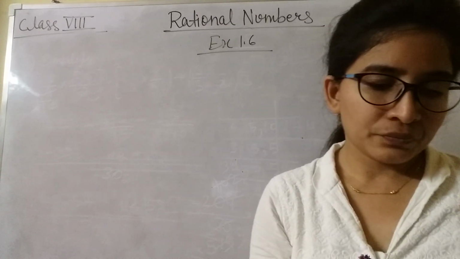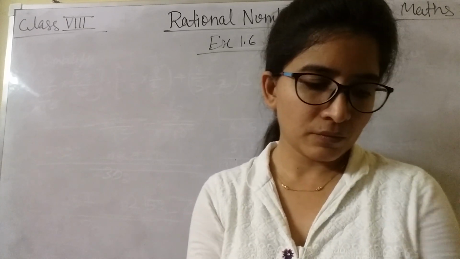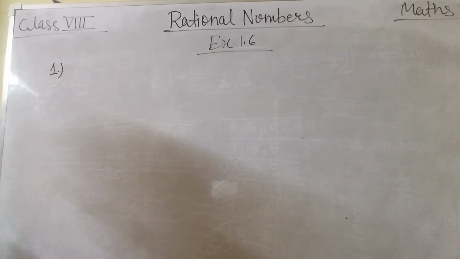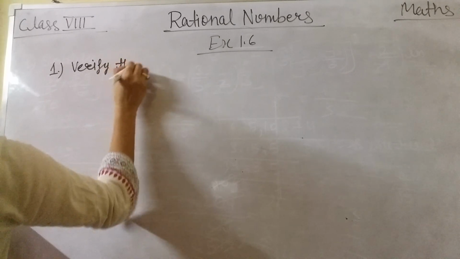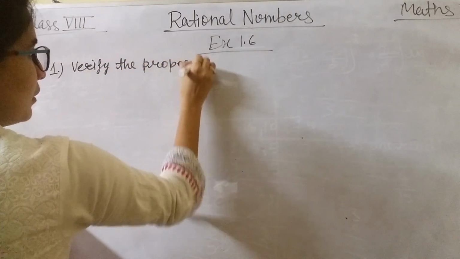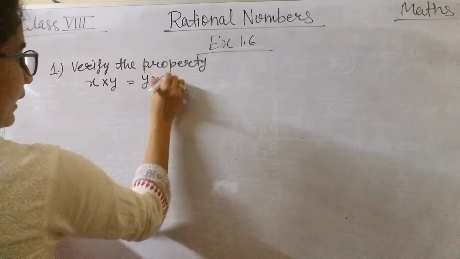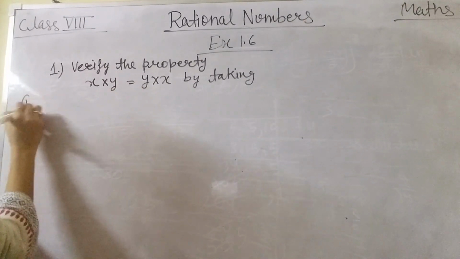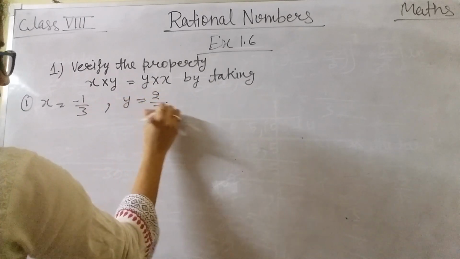Now the question is, we have to verify the property x into y equals y into x by taking x as 1 by 3 and y as 2 by 7.